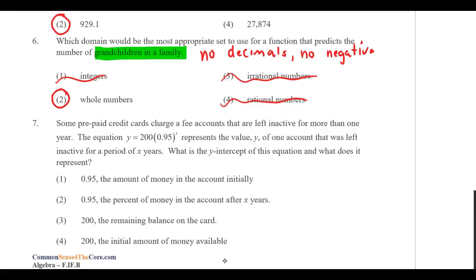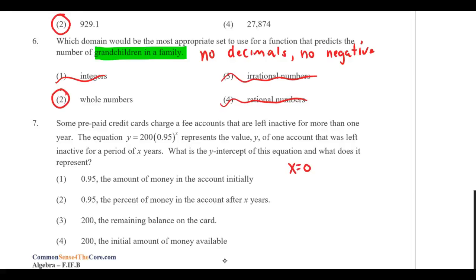And then question 7 says prepaid credit cards charge a fee that are left inactive for more than 1 year. The equation y equals 200 times 0.95 to the x represents the value y of one account that is left inactive over a period of x years. What is the y-intercept of this equation, and what does it represent? Well, a y-intercept is also our starting value when x equals 0.